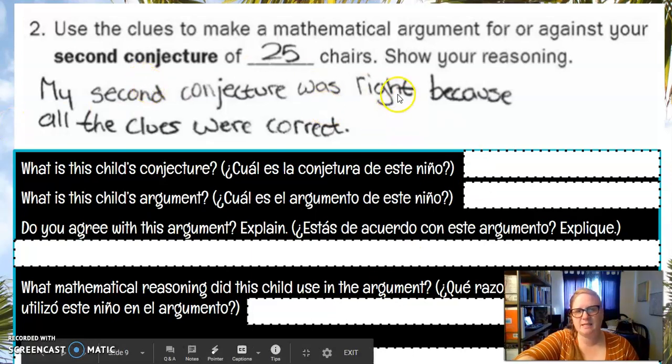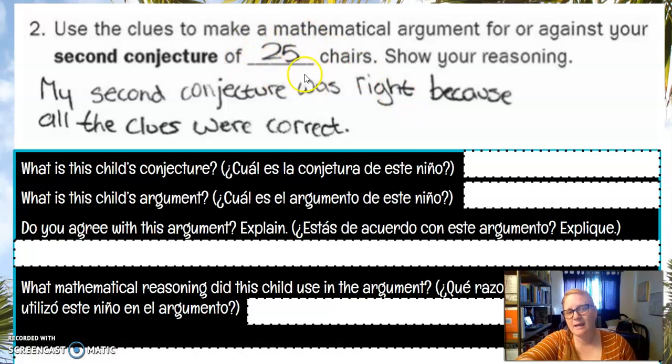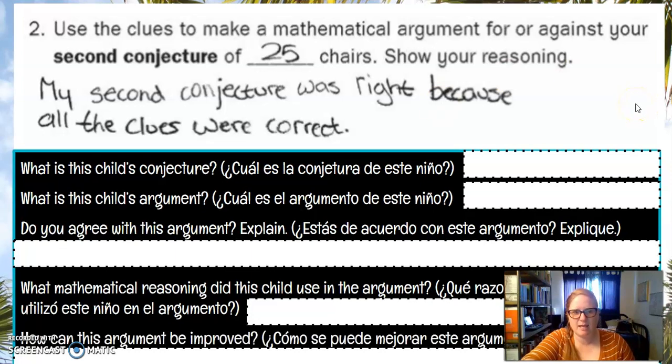It doesn't show me any math. It doesn't tell me why 25 chairs is correct. And it says it was correct with all of the clues, and it doesn't prove to me any of that. So that would be some reasons why this is kind of incomplete work. Okay, so what could they do to make it better?